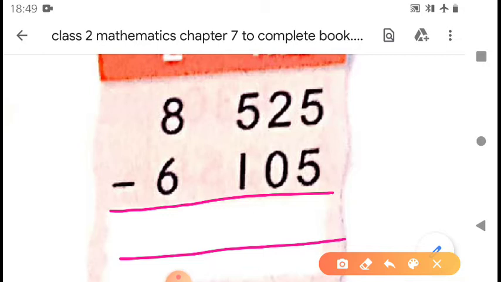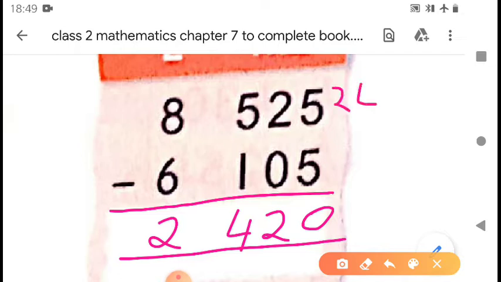Subtracting 5 from 5, we get 0. 2 minus 0, 2. And 5 minus 1, 4. And 8 minus 6, 2. So the answer is 2 liter 420 milliliter. Okay, 2 liter 420 milliliter.